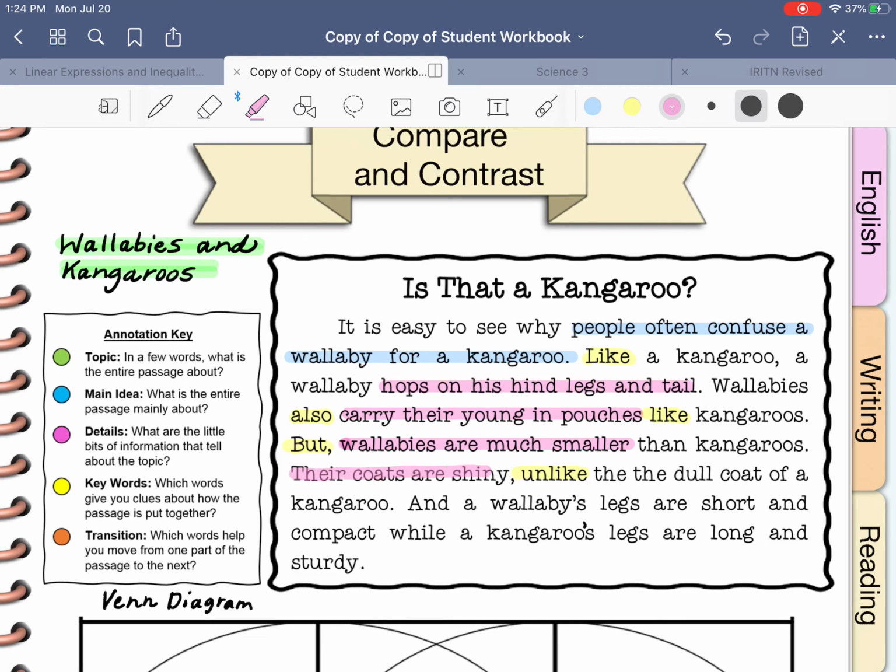Their coats are shiny. Kangaroos have a dull coat. Wallabies' legs are short and compact, while kangaroos' legs are long and sturdy. So you see how I'm pulling those details just like we've been doing so far.